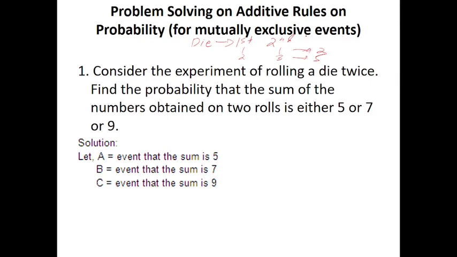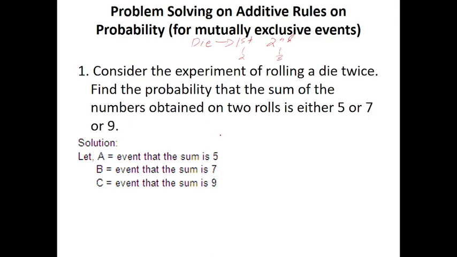Ano daw yung probability na kapag tinos yung die ng 2 beses, yung sum ay magiging 5 or 7 or 9? We let A be the event that the sum is 5, B be the event that the sum is 7, C be the event that the sum is 9.